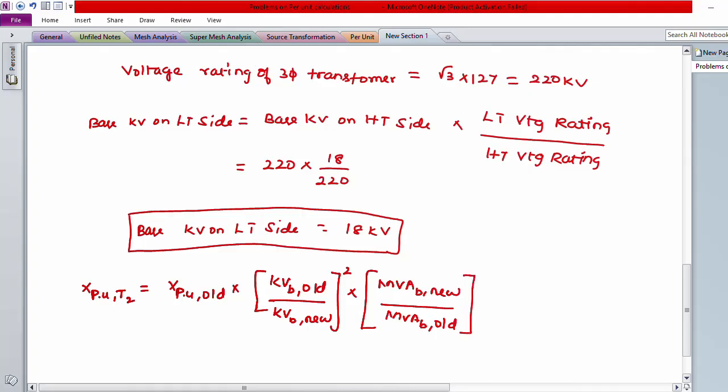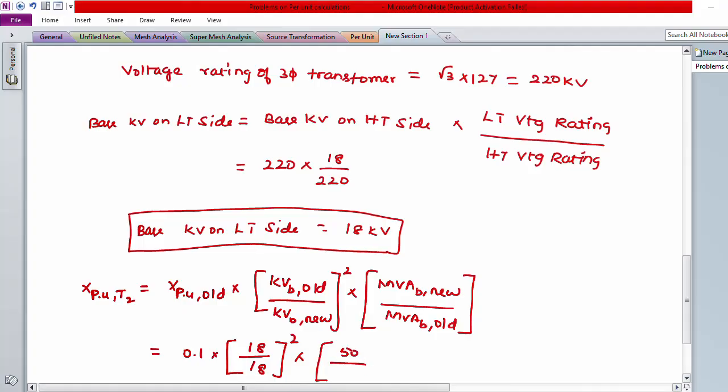For transformer 2, the X per unit old value is 0.1 and the kVB old on low voltage side is 18 and the kVB new is also 18. So 18 by 18 the whole square into MVAB new is 50.